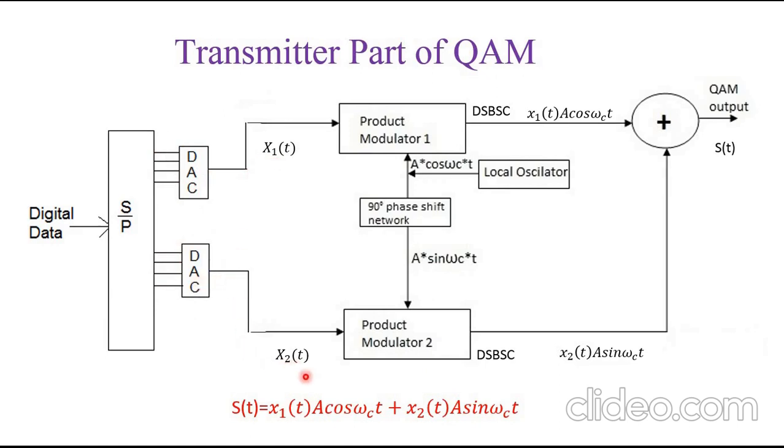So in digital modulation, this is the difference which we make. First the digital data is converted into parallel, and then through the digital to analog converter, the data is given over here. That is what we do in digital communication.